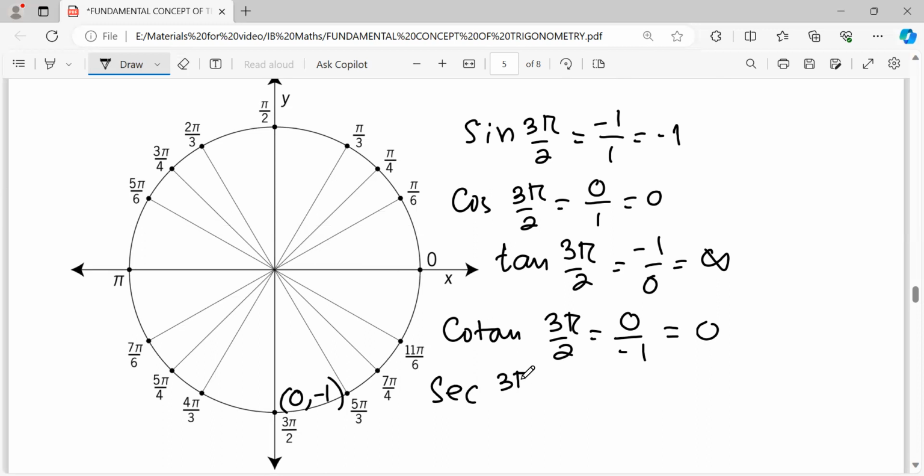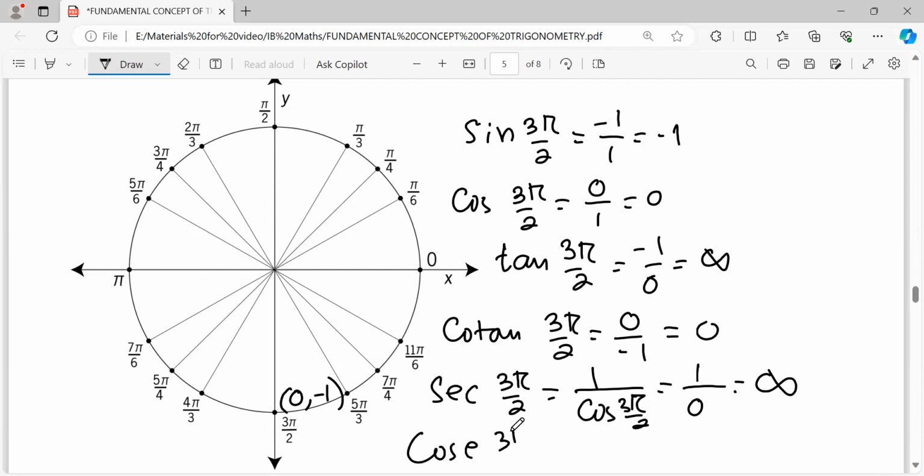Secant 3 pi over 2 equals 1 over cosine 3 pi over 2 equals 1 over 0, undefined, while cosecant 3 pi over 2, 1 over sine 3 pi over 2 equals 1 over negative 1 equals negative 1.